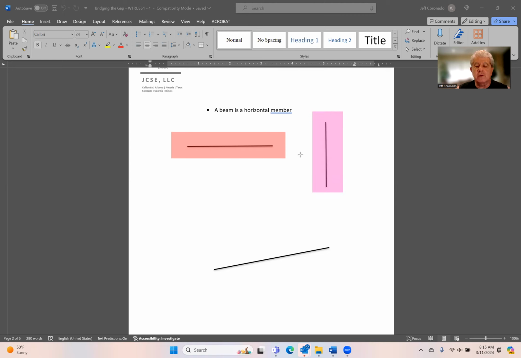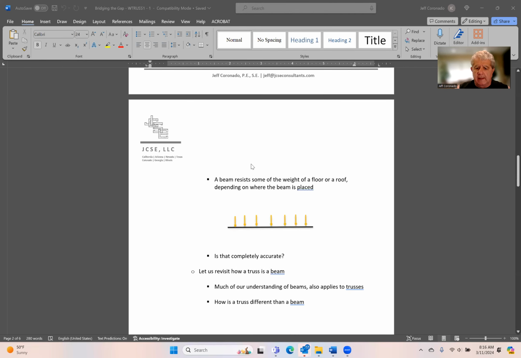Pretty clearly that one's vertical, and most of us would intuitively say that's a column. If we look at this one, it's essentially horizontal, so it is essentially a beam. A beam is an element that is oriented horizontally.